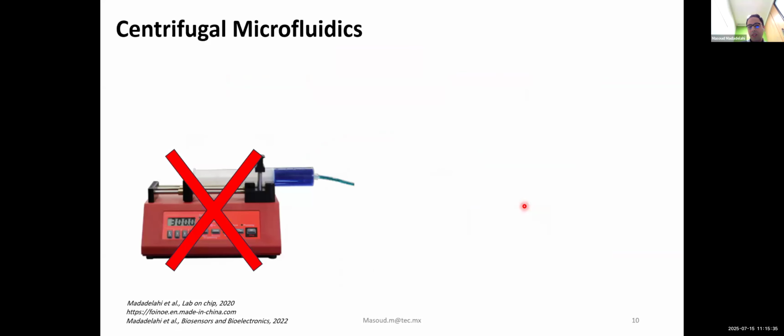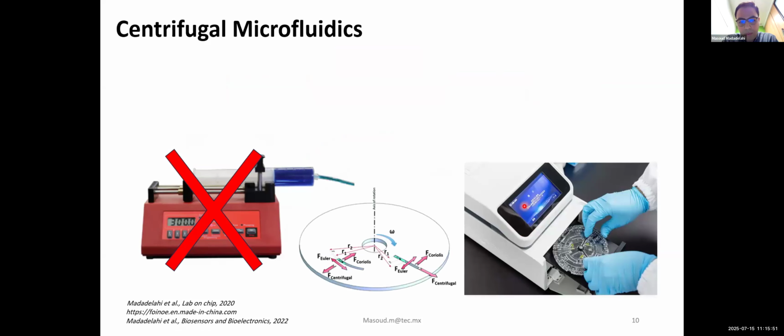But centrifugal microfluidics, which is my main research field here, is a family of microfluidics in which we do not use such syringe pumps. Then how can we move the fluid inside our system? We use such devices.